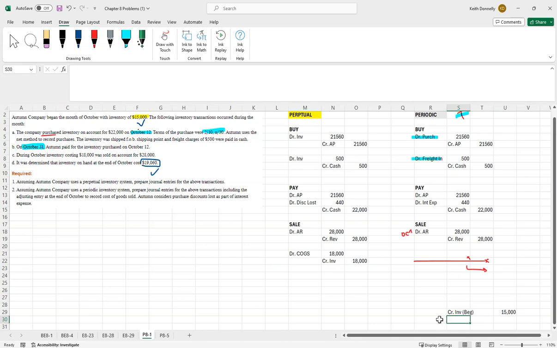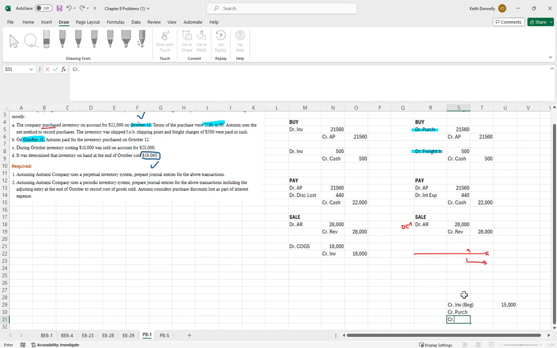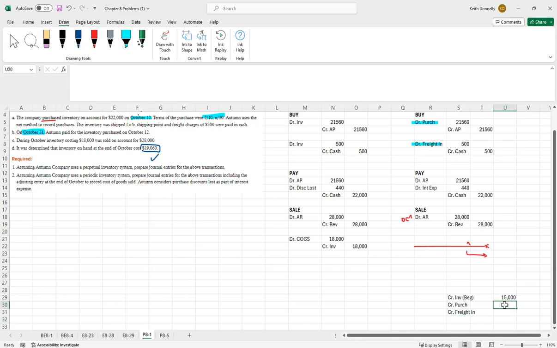Next, we got to get rid of all of these temporary accounts. So we debited purchases up here, and we credit purchases down here to get rid of it. We credit freight in. Those temporary accounts are 21,560 and $500.